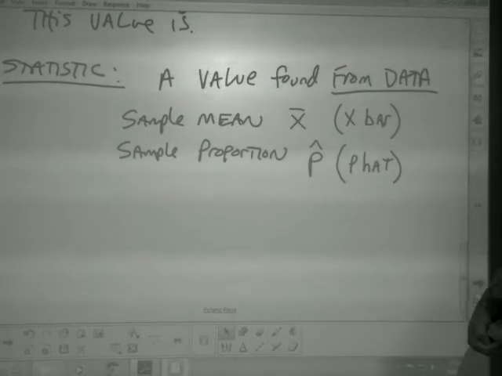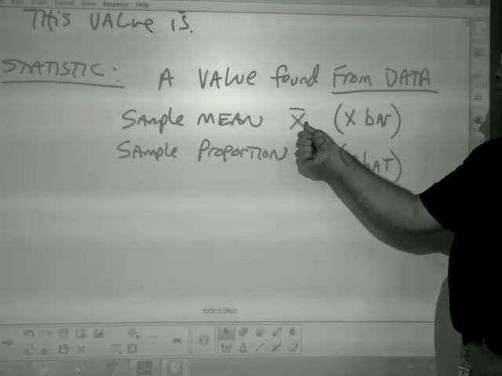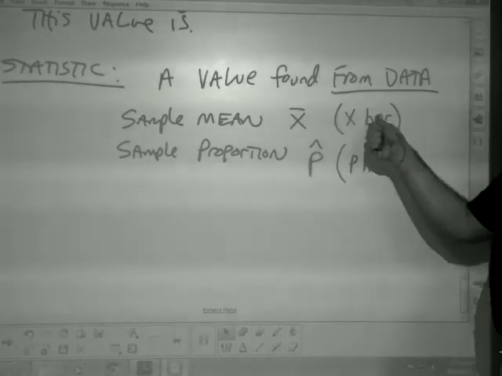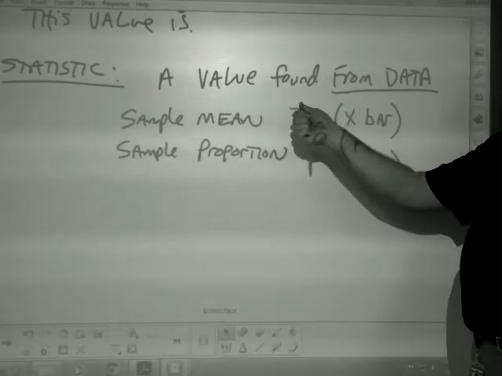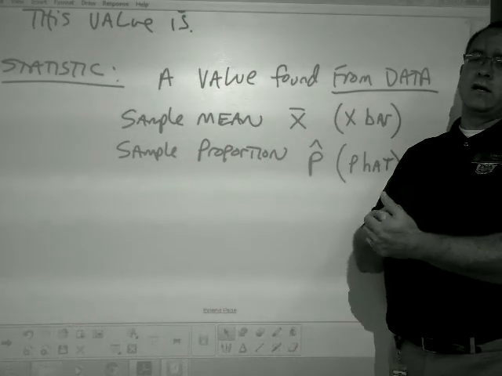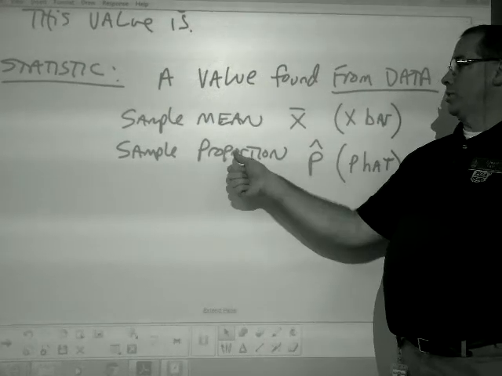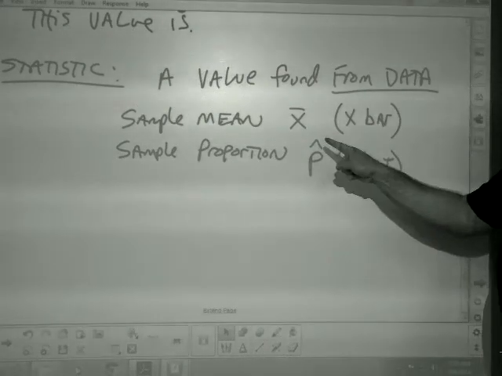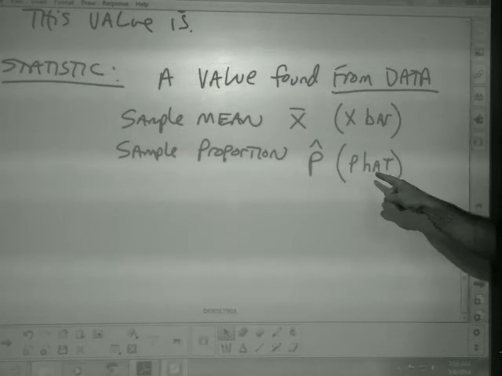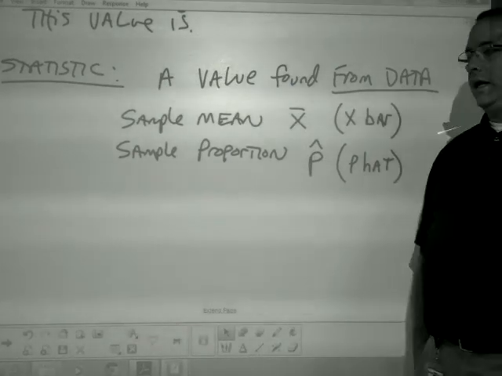The two most common ones that we deal with would be our sample mean, which we call X bar. Okay, so if you see X bar, it means that data was taken, or that mean was taken from data. All right? And the other is a sample proportion, which is called P hat. Okay? And that means that that's the proportion taken from data.